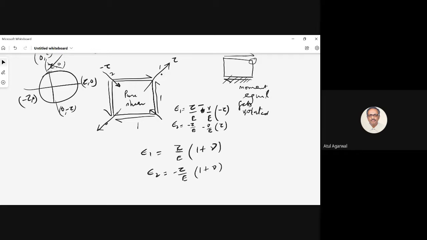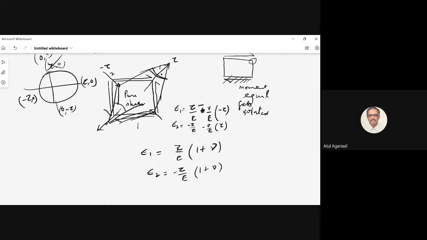So you get your epsilon 1 and epsilon 2. Your target is to find the change in angle.